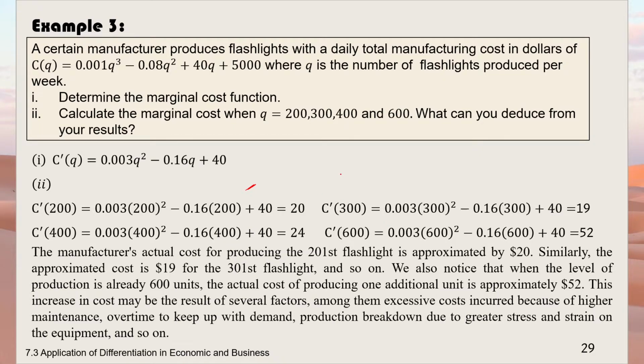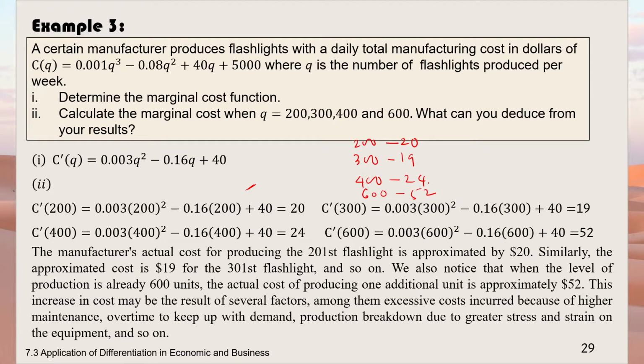And you see that 200 costs you 20 unit, 300 costs you 19. And if you go by 400, it's already increased back. And if you produce 600, you're going to spend 52.